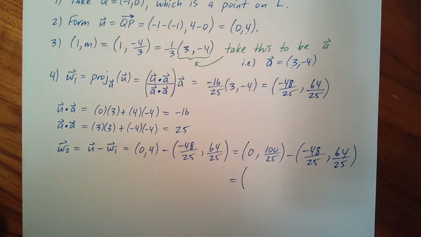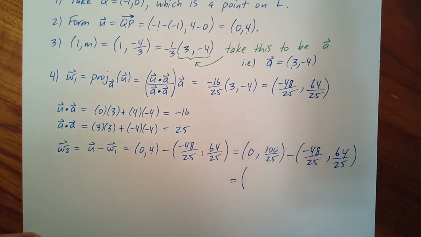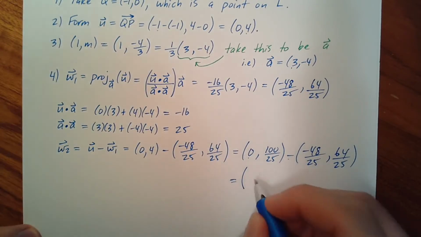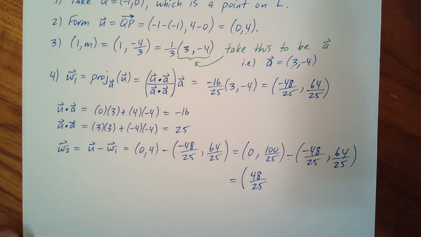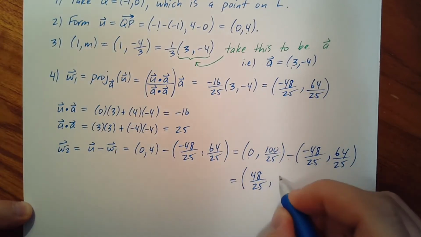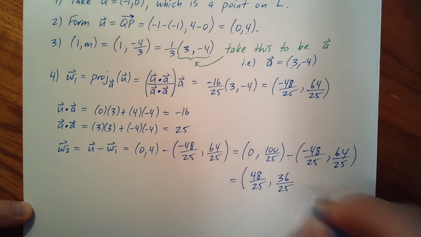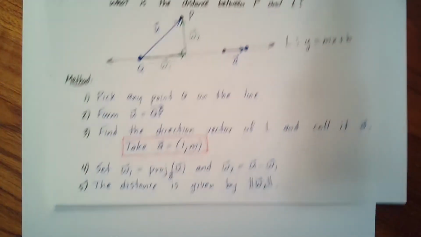I'll subtract the first coordinates. 0 minus negative 48 over 25. Well, that's just 0 plus 48 over 25, which works out to be 48 over 25, right? Then our second coordinate, 100 over 25 minus 64 over 25, gives us 36 over 25. So that is our vector W2, which is good because that's what we need.